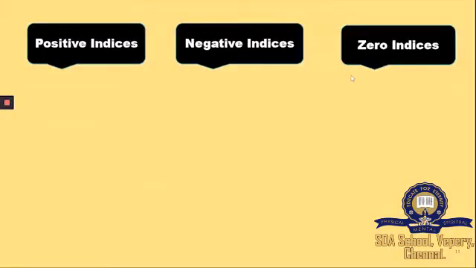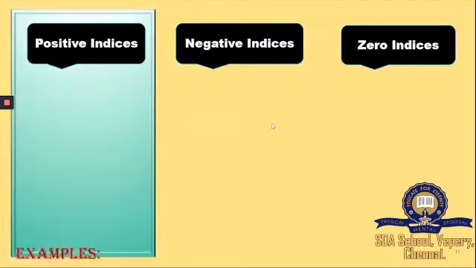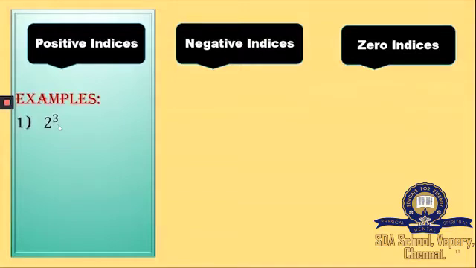Next, there are 3 types of indices. The first one is positive indices. Let us see what positive indices are. In the first expression, 2 power 3, the power of the number 2 is 3, which is a positive number, so it is a positive index.